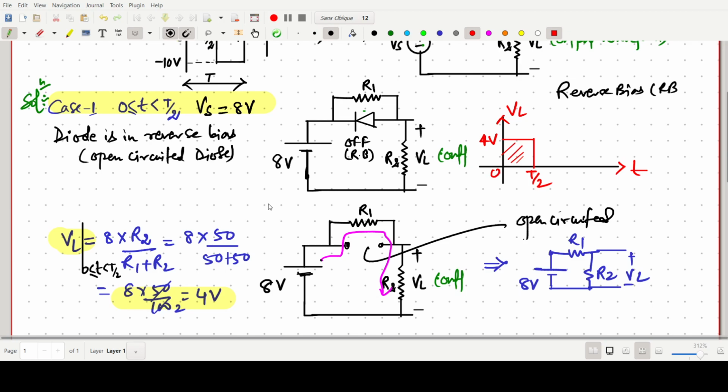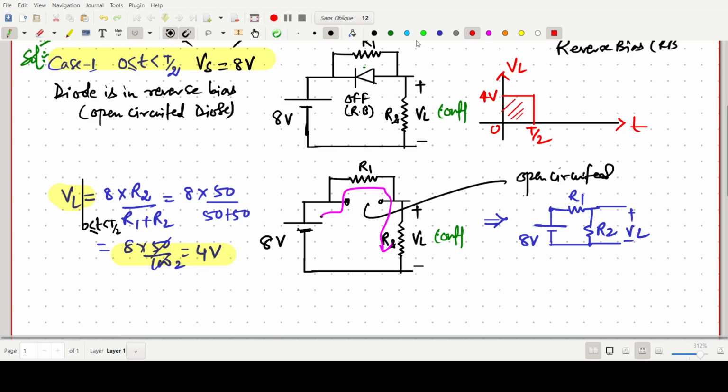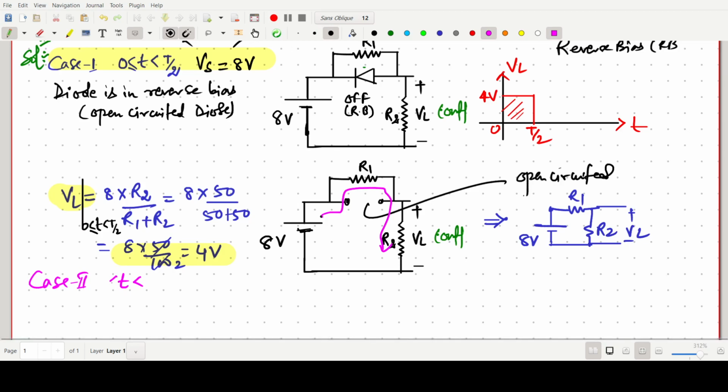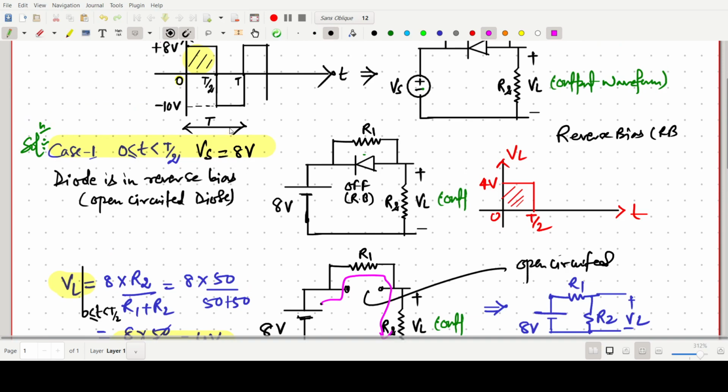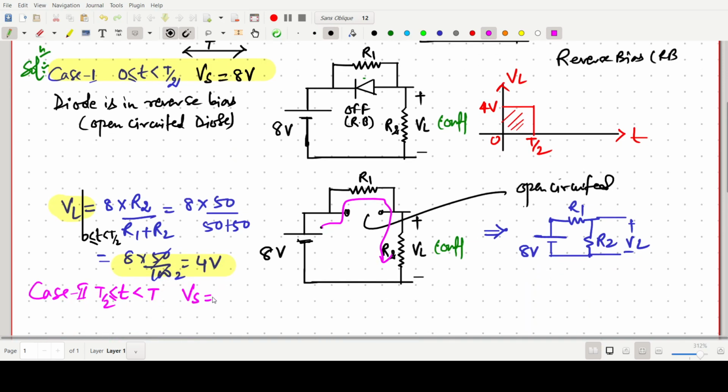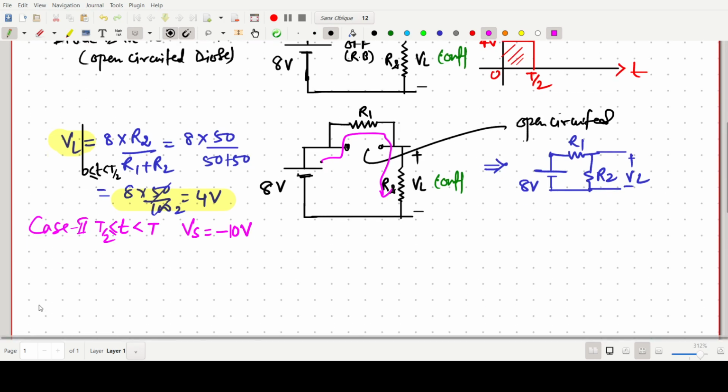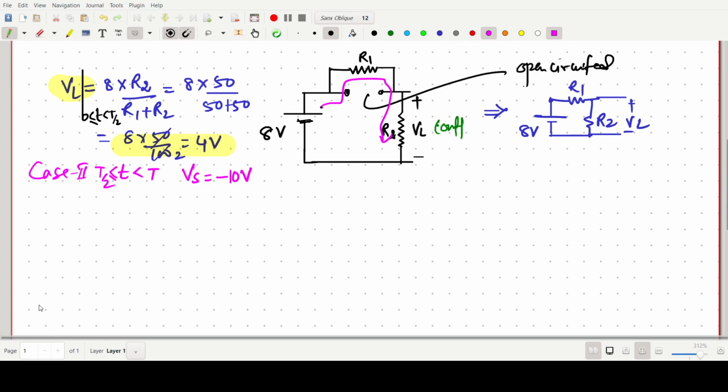Now in the next phase we go for case 2, when the time interval is T by 2 to T. What should be the Vs value? For T by 2 to T, the value of Vs will be minus 10 volt. Now we have to find VL for this.